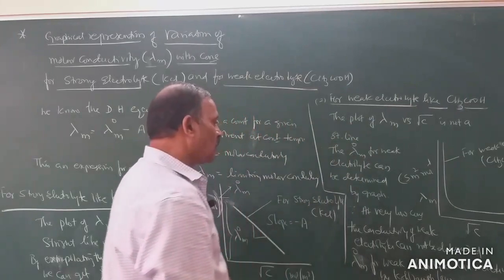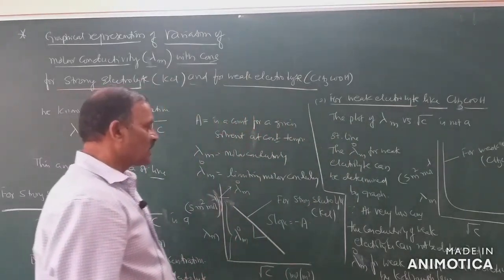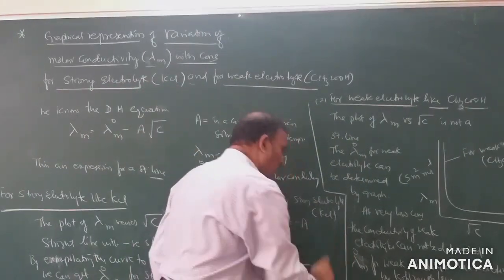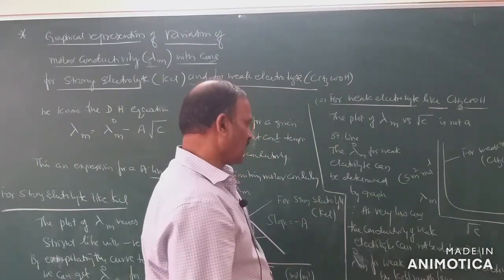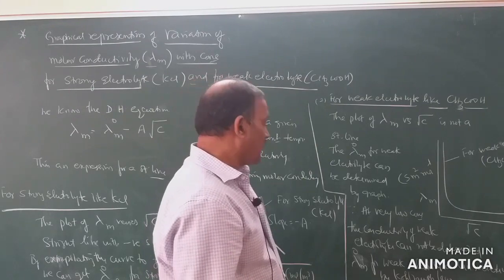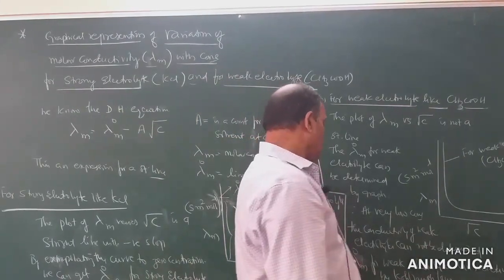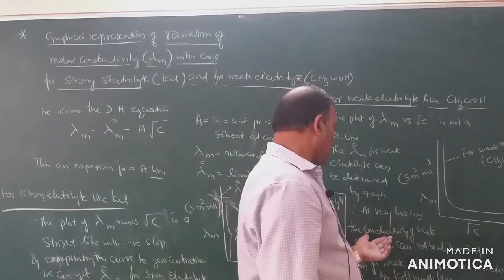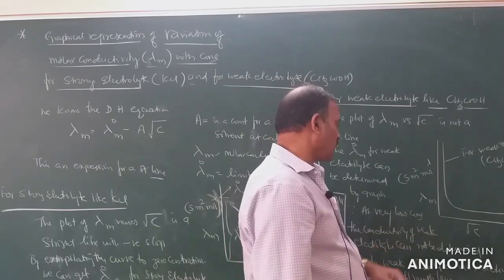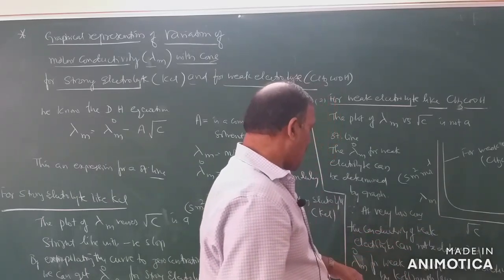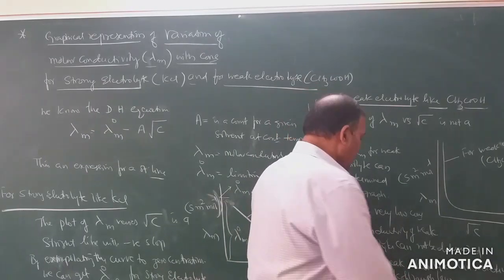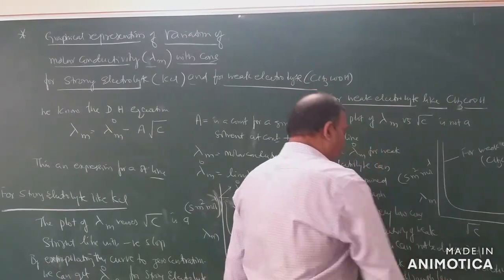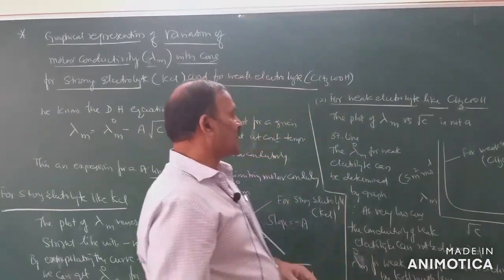So limiting molar conductivity for weak electrolytes cannot be determined from the graph because the curve is not a straight line. This is because the conductivity of weak electrolyte at very low concentration cannot be determined, but lambda m naught for weak electrolytes can be determined by Kohlrausch law, which will be discussed in the next class.